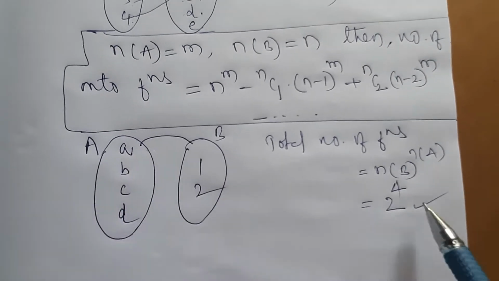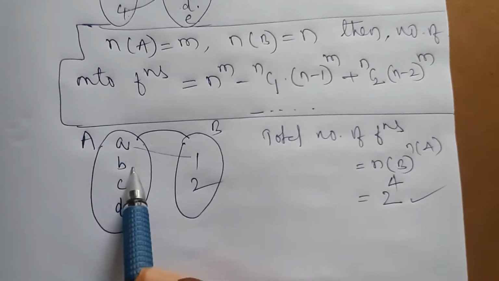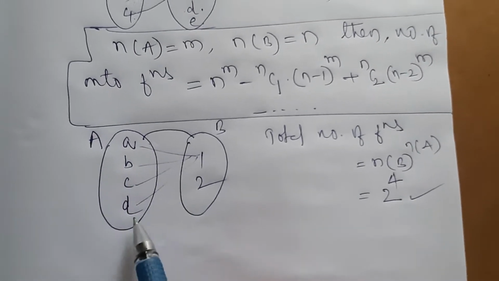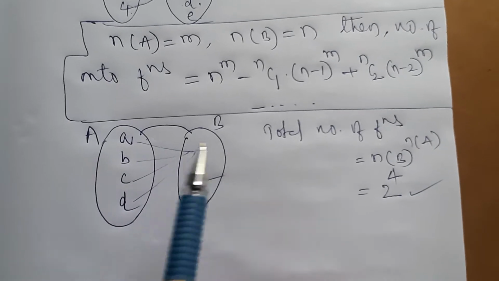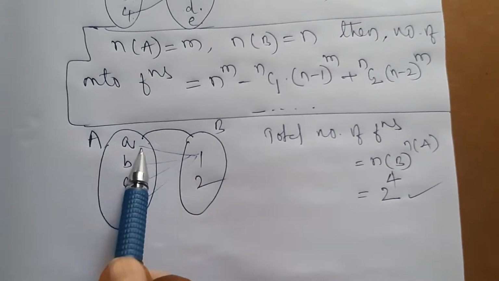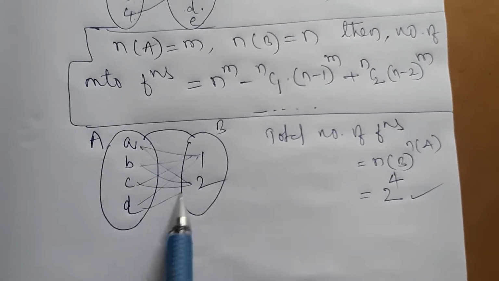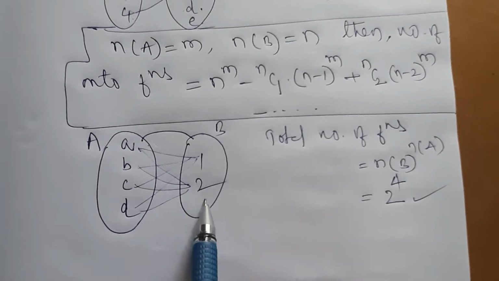Now in all these functions, if all the elements are mapped to 1, this is a constant function, this is not an onto function. If all elements are mapped to 2, these are also functions but not onto functions.